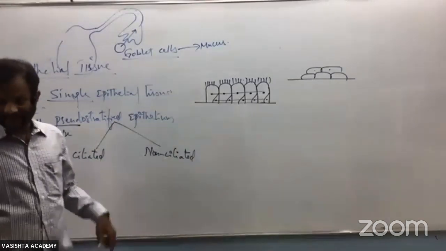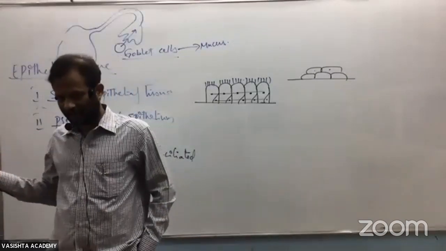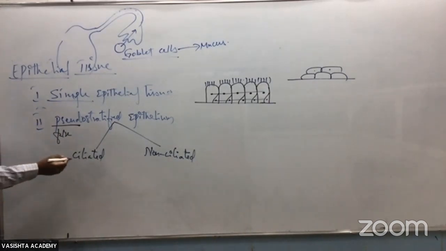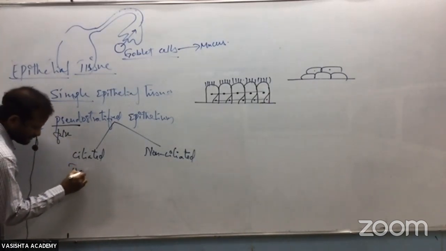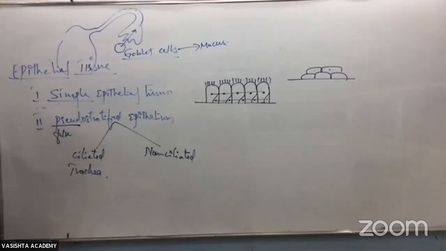Wherever the ciliated cells are present, it may be simple columnar or pseudostratified columnar. That function is to carry the substances from one area to another area. So ciliated, it is present in the trachea.